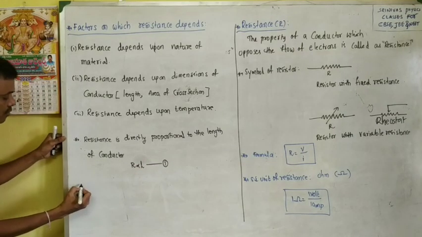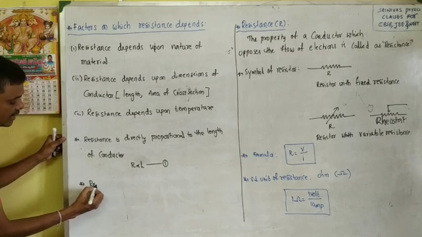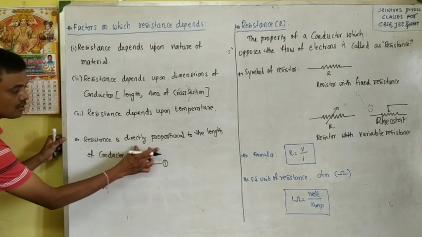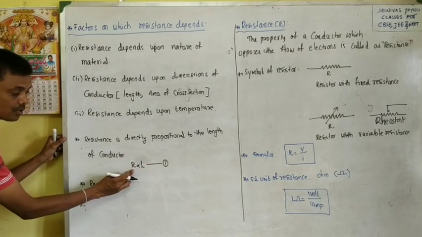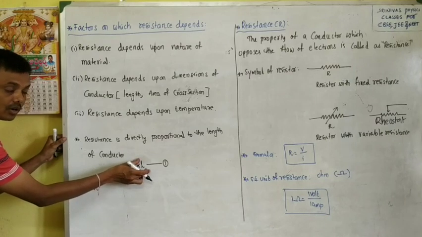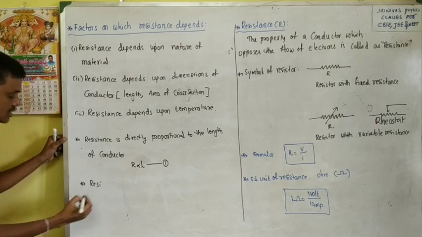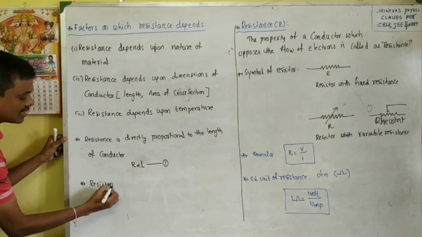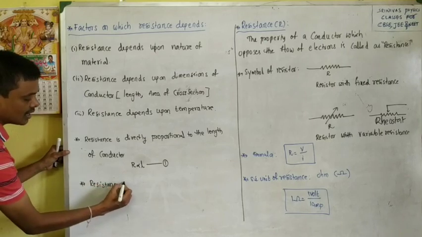Directly proportional means what? If length is more, then R is more. The wire which has more length has more resistance, and the wire which has less length has less resistance.